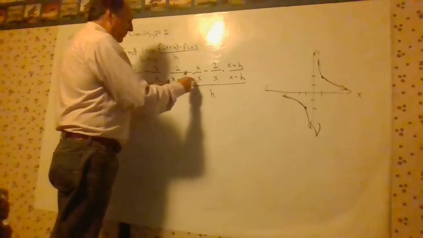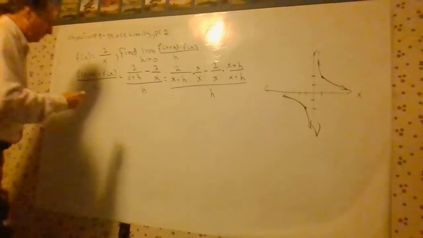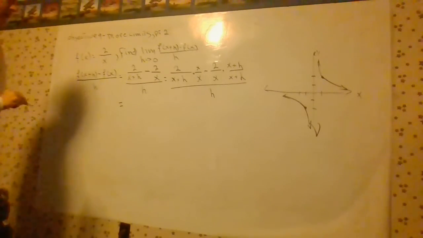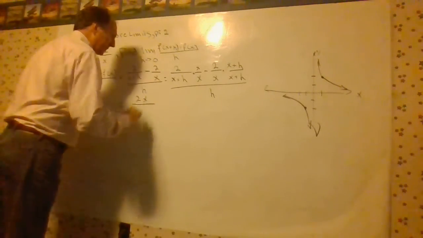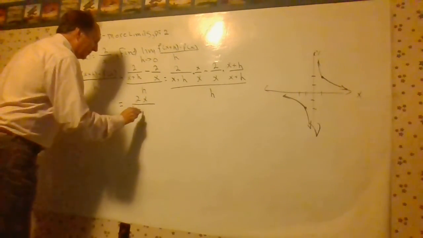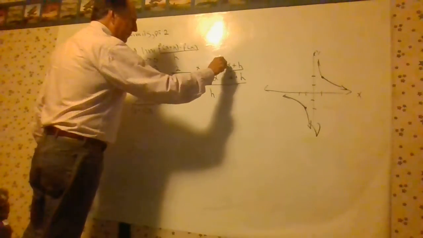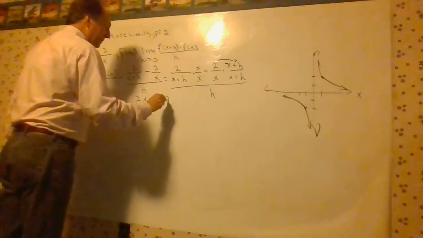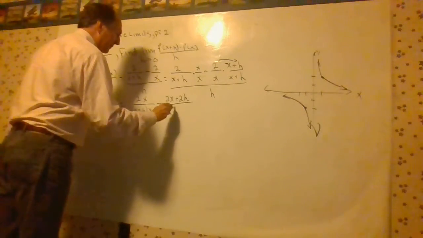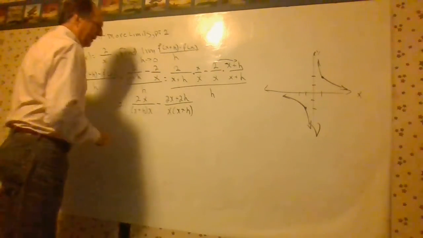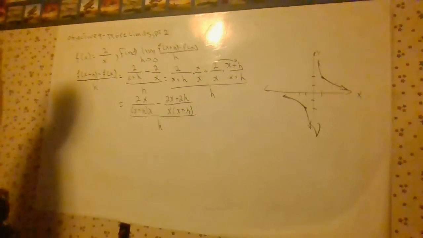The LCD is x plus h times x, or x times x plus h, same thing. You can actually multiply these two and get 2x over x plus h times x, minus, you have to distribute the 2 through, 2x plus 2h over x plus h, all divided by h.